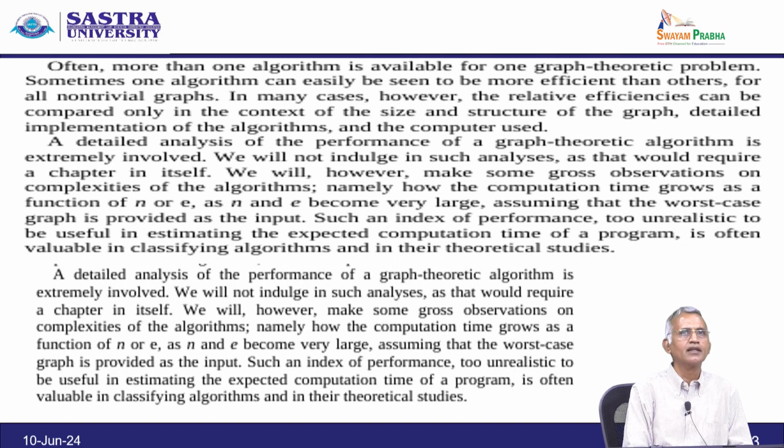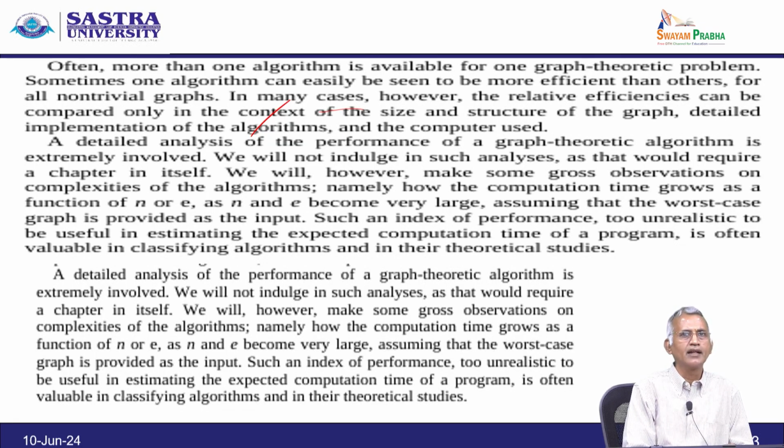Sometimes one algorithm can easily be seen to be more efficient than others for all non-trivial graphs. In many cases, however, the relative efficiency can be compared only in the context of the size and structure of the graph, the detailed implementation of the algorithm and the computer used.